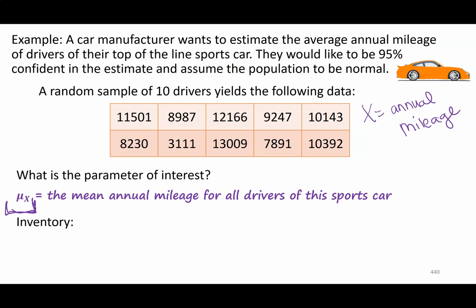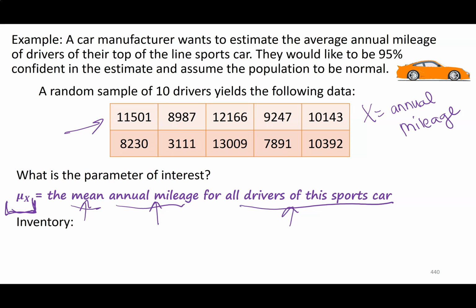It's going to be mu of x, and that is the mean annual mileage for all drivers of this sports car. So mean or average. My variable is annual mileage, that's what I'm collecting on each person in my sample. And then my population, all drivers of this sports car.